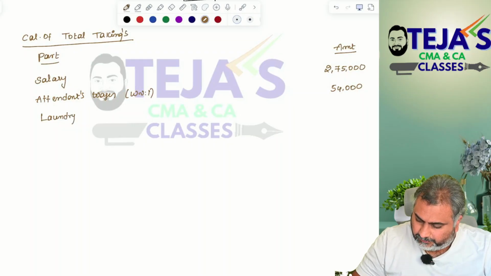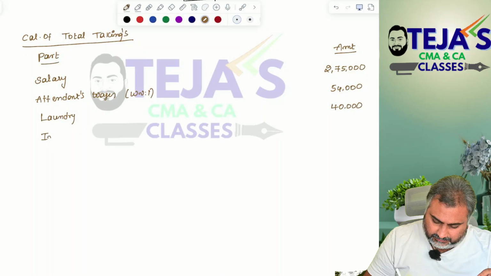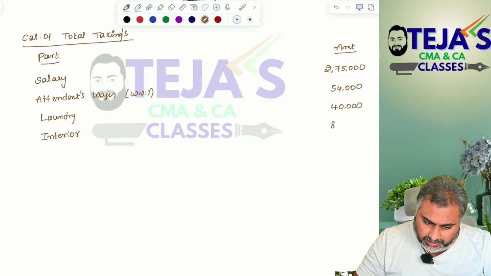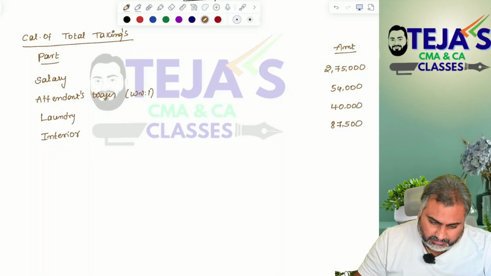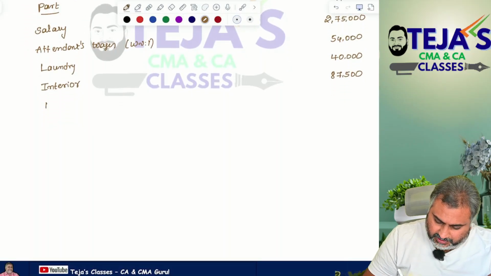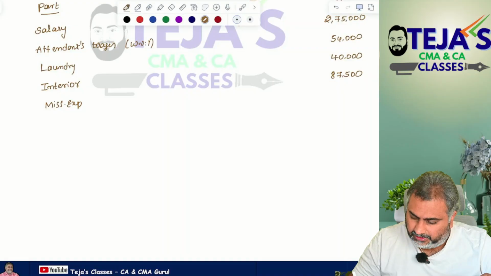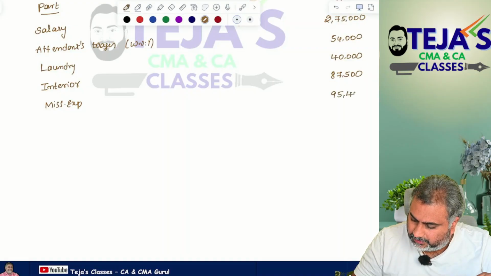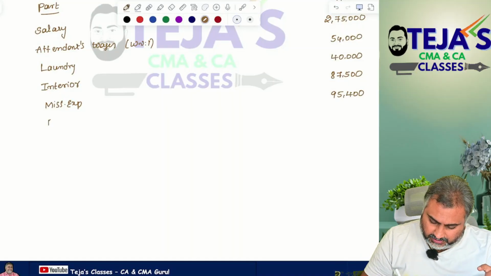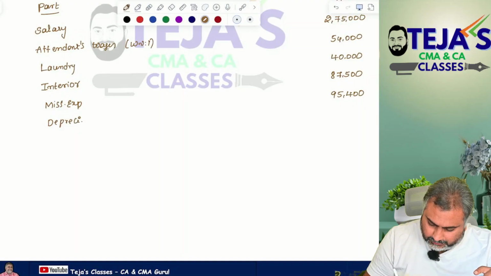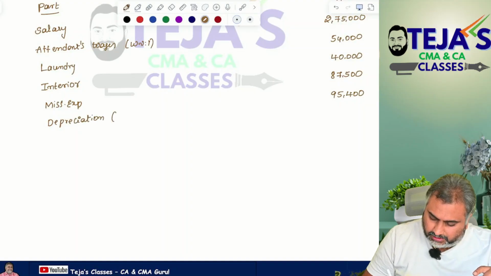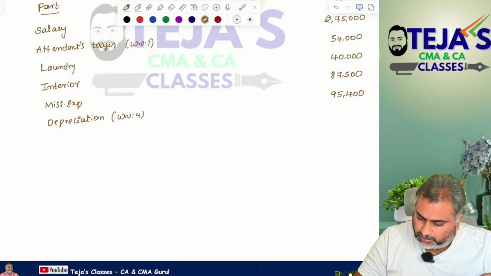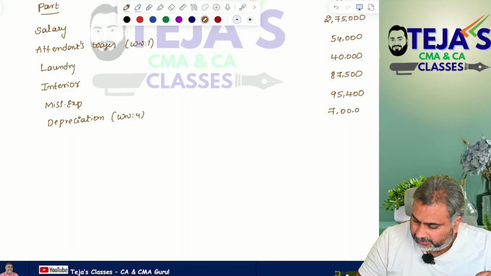How much given? 40,000. Then interior, how much they said? 87,500. Miscellaneous expenses, how much given? 95,400. Next, depreciation already calculated. Refer working note 4. How much? 7 lakhs. Very good.